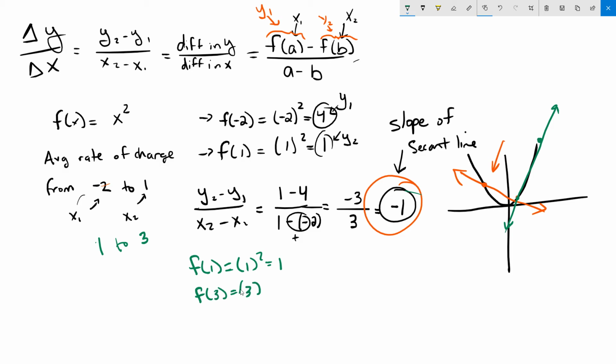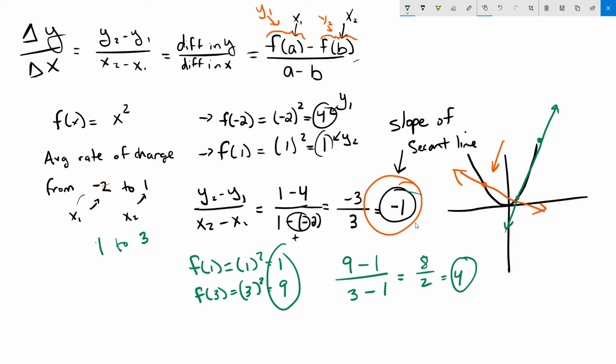So it's going to be 3 squared, which is equal to 9. So now you can see our 2 y values right here, and we have our 2 x values from what they told us. So we plug into our formula, so it would be 9 minus 1 all over 3 minus 1. Okay? And that should give us 8 over 2, which ends up giving us a positive 4.